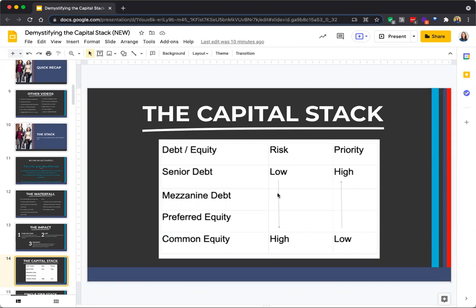Then we get the preferred equity class. As a limited partner investor, you might be all preferred equity, or all common equity, or a blend between preferred and common equity. We'll take a look at those different options of investing. The preferred equity position sits behind the debt, but it's equity.